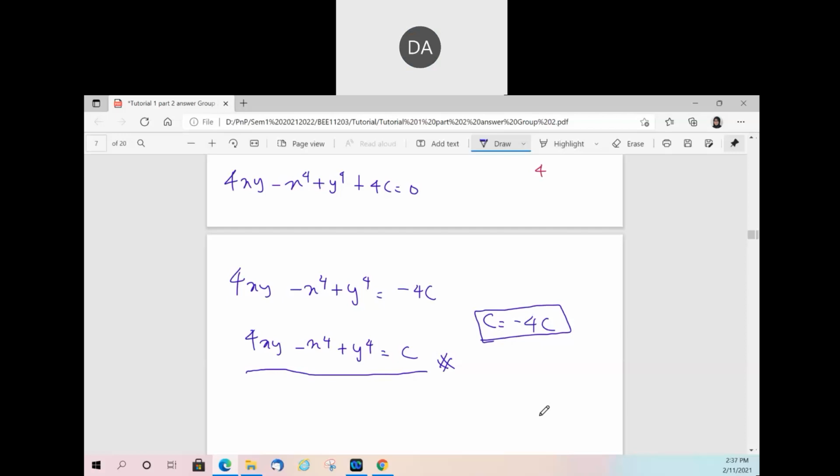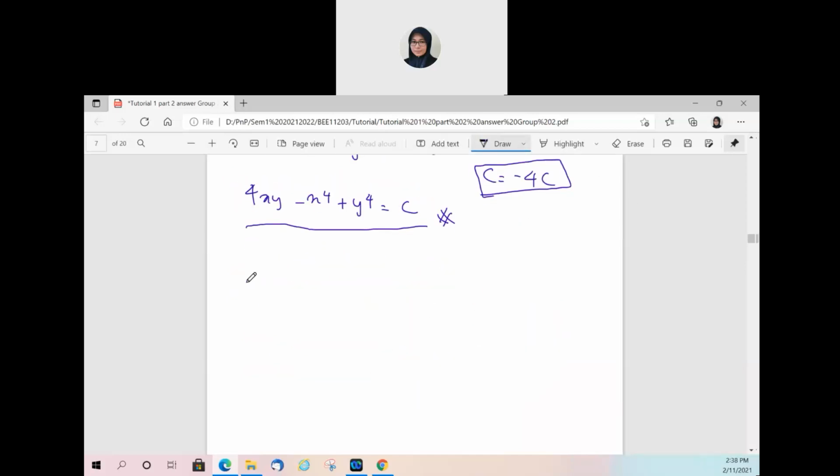Okay, any other questions? Tak ada. Kalau tak ada, kita buat D. So, 2D.